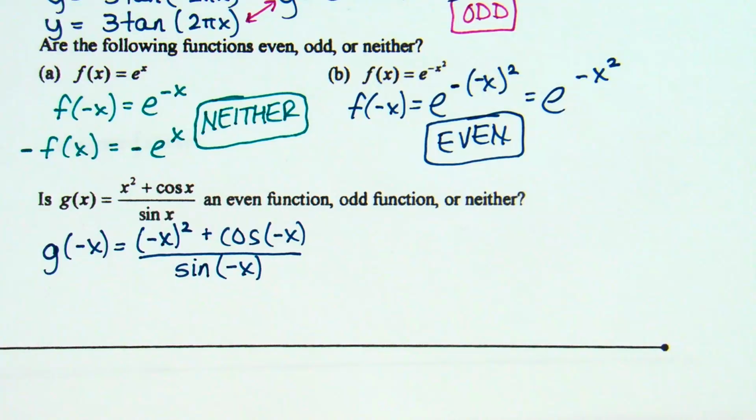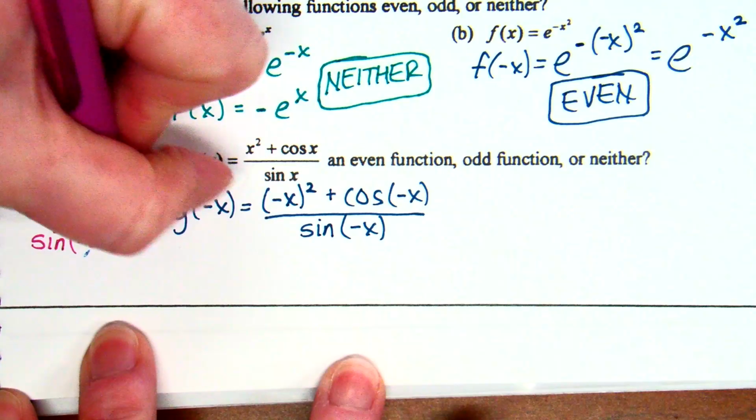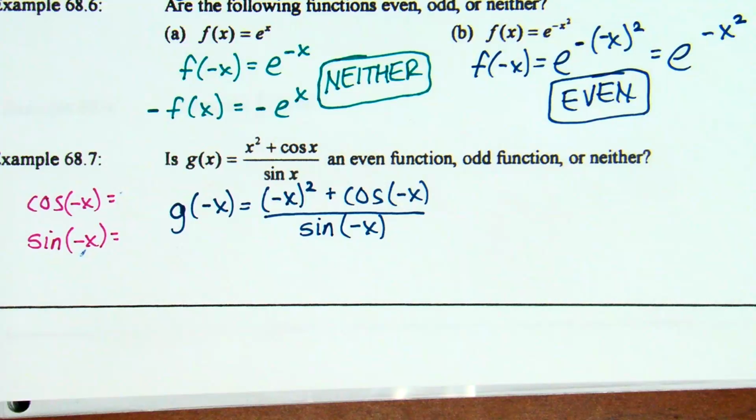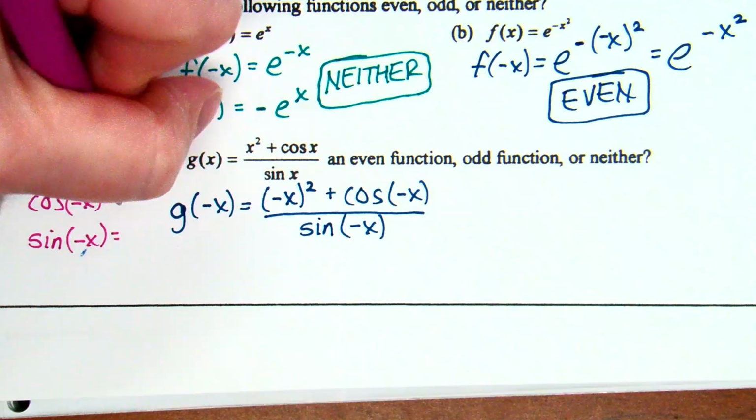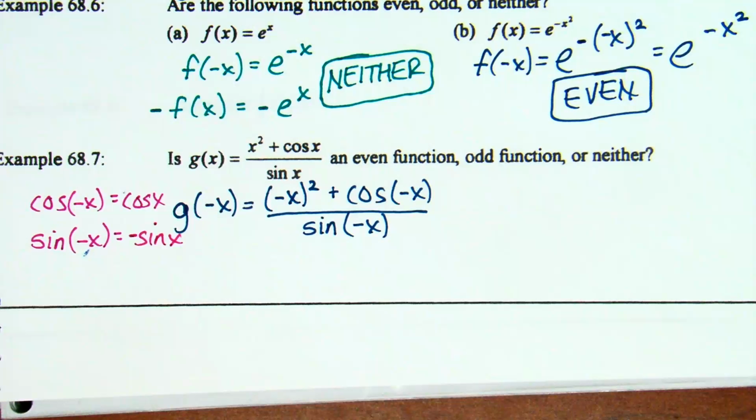Okay, what do you have to remember to do this problem? Cosine of negative x and sine of negative x. Cosine stays positive, sine becomes negative sine x.